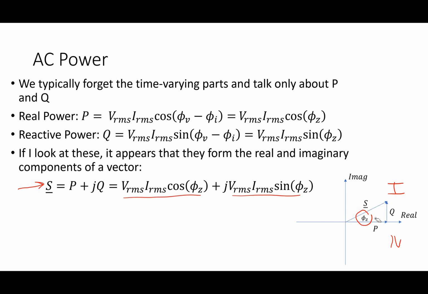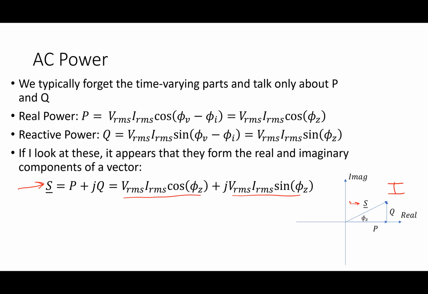The way we look at this, sometimes people call this complex power relationship here. It says that the S, right, the hypotenuse of this. So if I look at this as a vector, I can also think of it as a triangle, right? So sometimes people refer to these things as the power triangle, right? Because I'm always going to have this guy looking like a triangle of some sort.